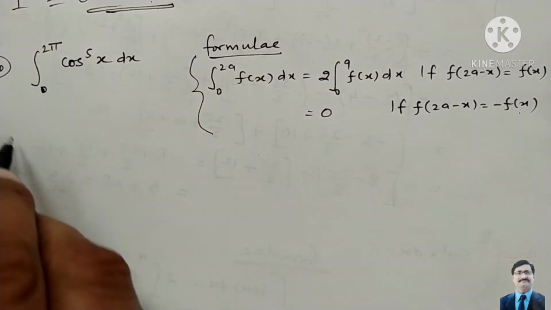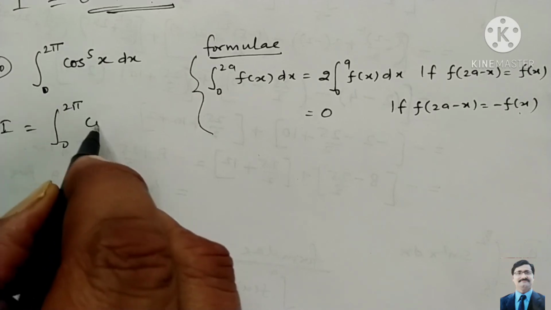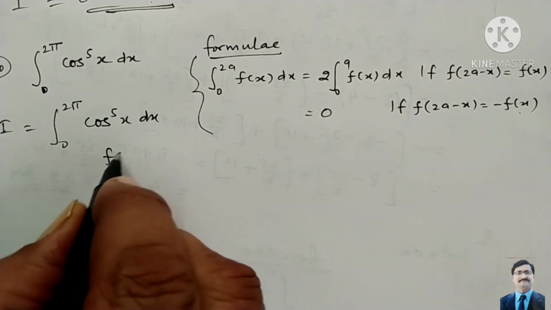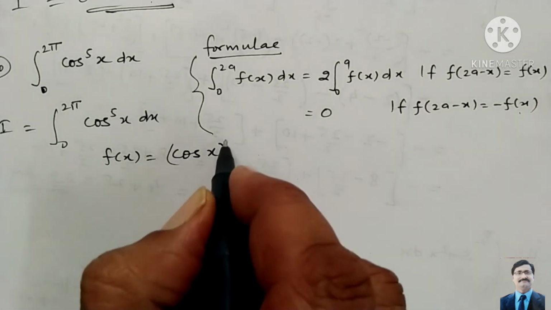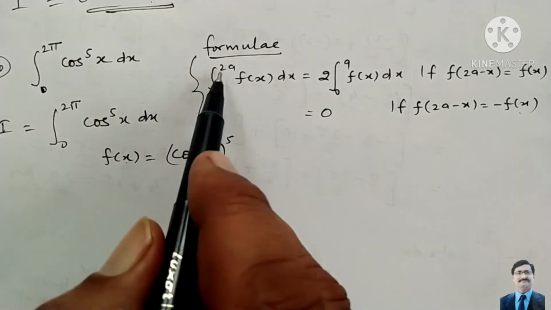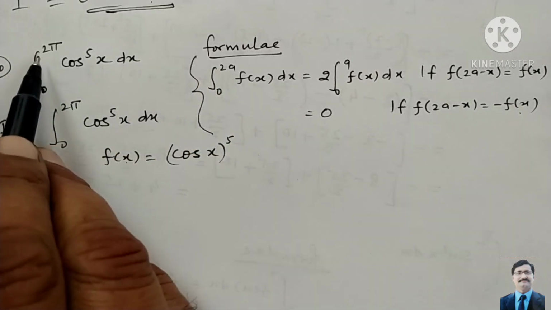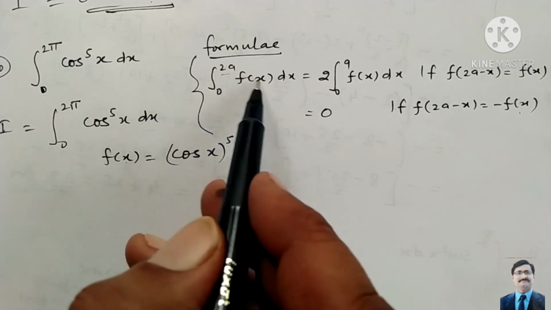So we can write I equal to the integral from 0 to 2π of cos⁵x dx. Here 2a is 2π, so a will be π.